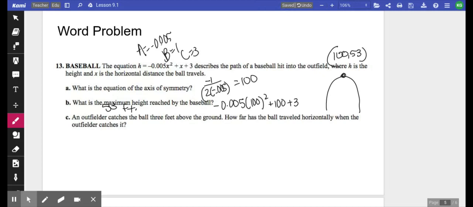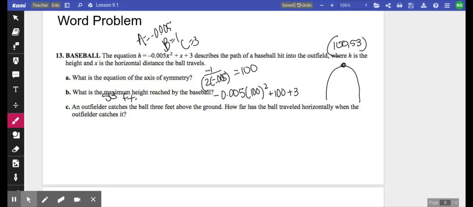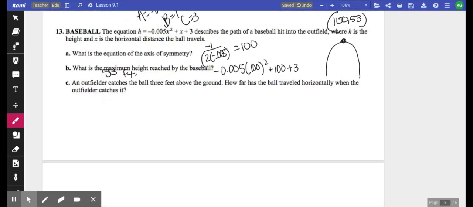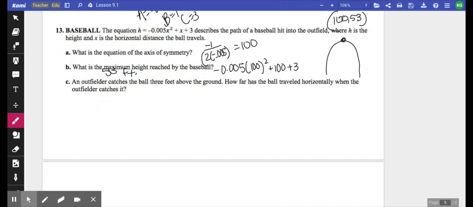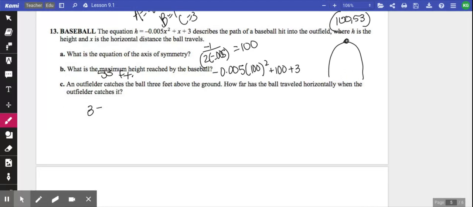An outfielder catches the ball 3 feet above the ground. How far has the ball traveled horizontally when the outfielder catches it? So if the y value is 3, it wants me to solve for the horizontal distance. So if I let the height be 3, I'm going to subtract 3 from both sides, which will cancel these out.